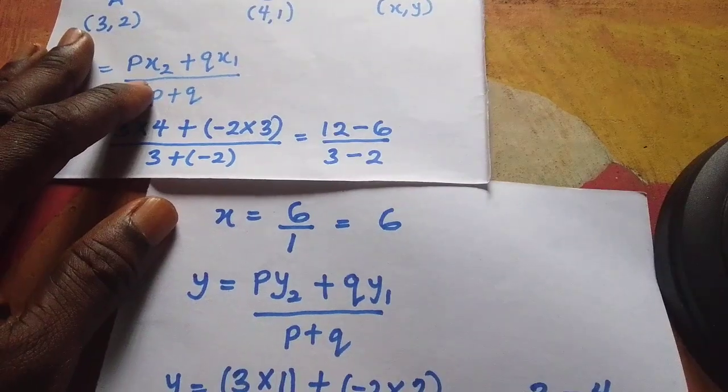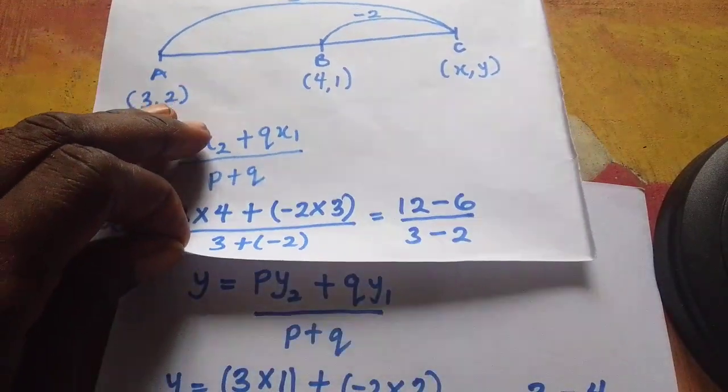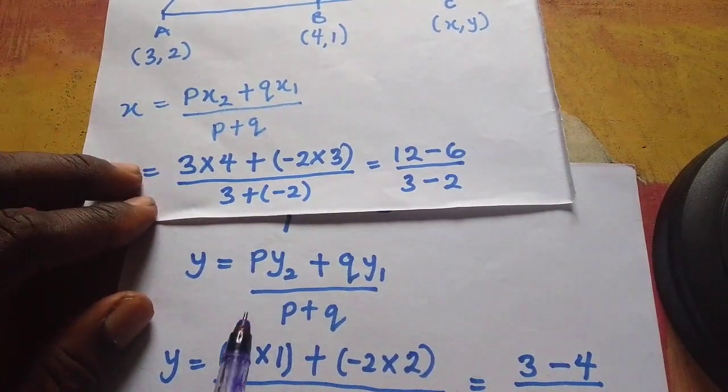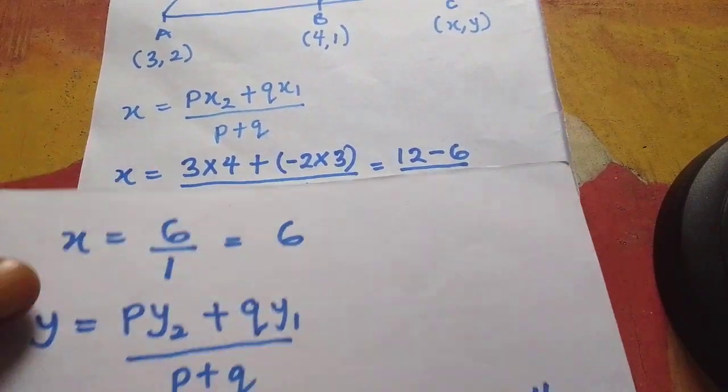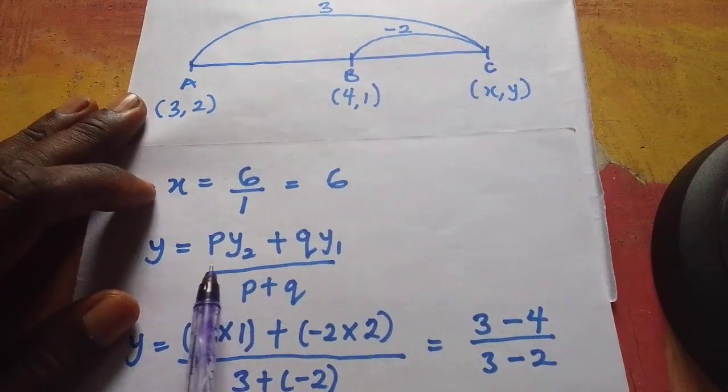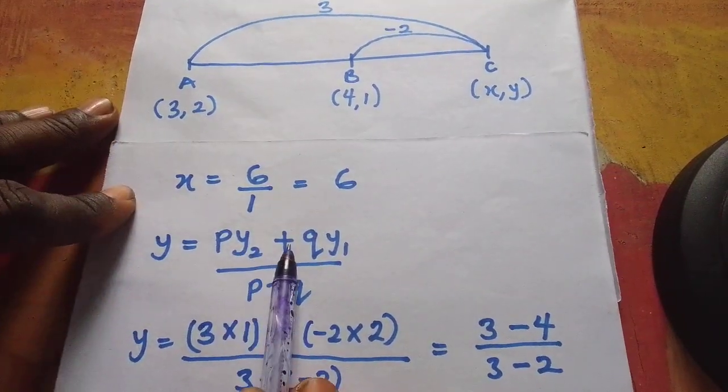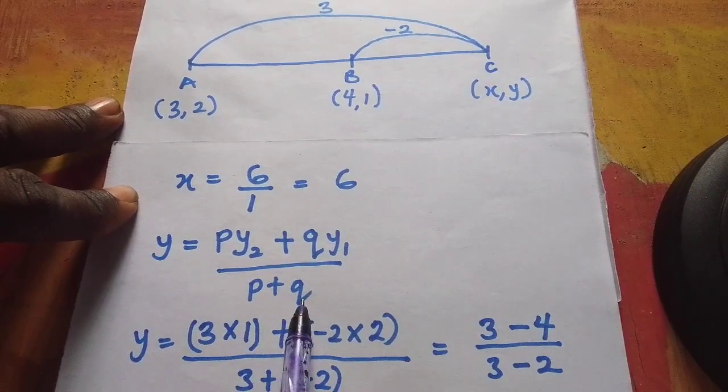Now let's look for y. For y also, you are going to go by the same formula: p y2 plus q y1 over p plus q.